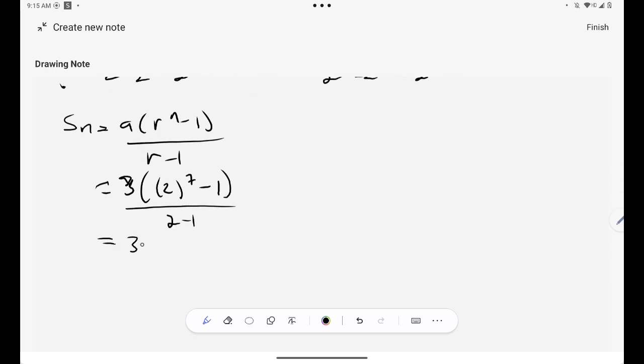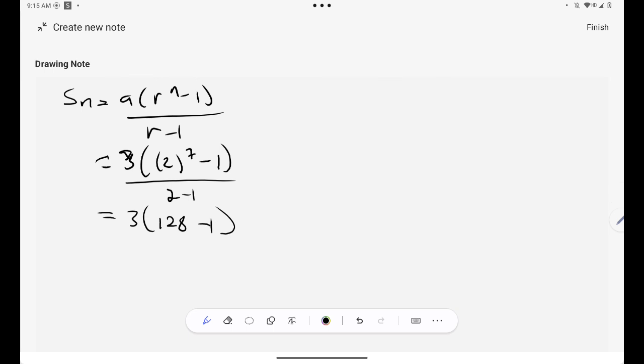So my answer is 3 times 2 to the power 7, which is 128, minus 1. 128 times 3 is 384. I'll get 384.